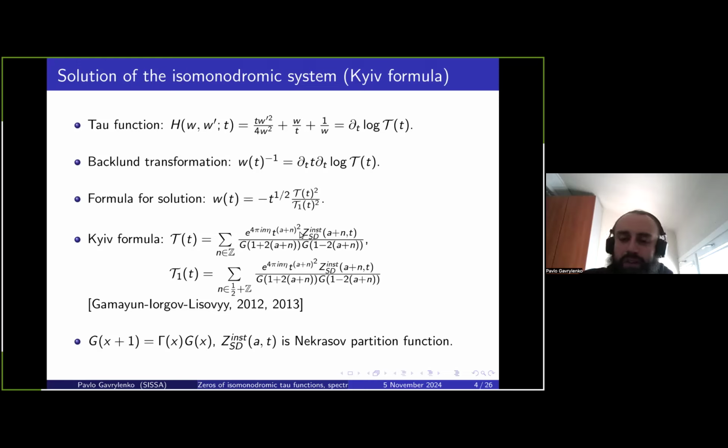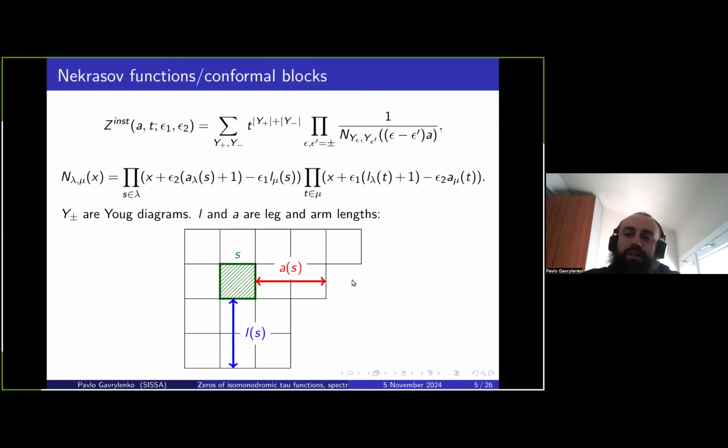And we have some function of t, which is called the instanton partition function, which I'll explain later. And also the difference between tau and tau1 is the range of summation. One is a sum over integers, another is over half integers. There are these formulas, and the explicit formula for that instanton is this one.